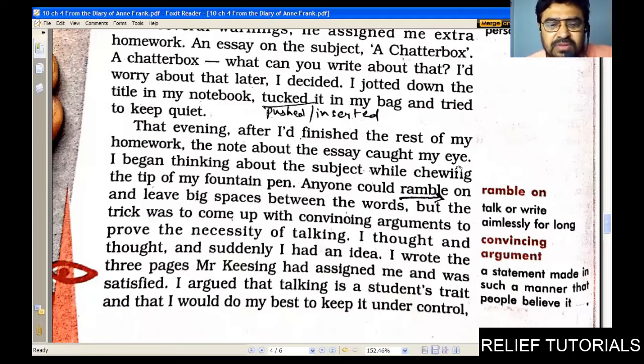But that is bluffing, especially to the teachers. She was quite honest and didn't really want to do that. "But the trick was to come up with convincing arguments to prove the necessity of talking." She really wanted to prove her point to the teacher by writing on the topic in her own way.